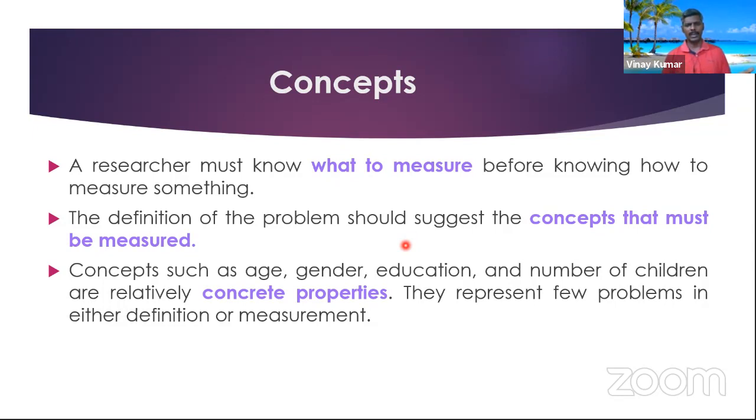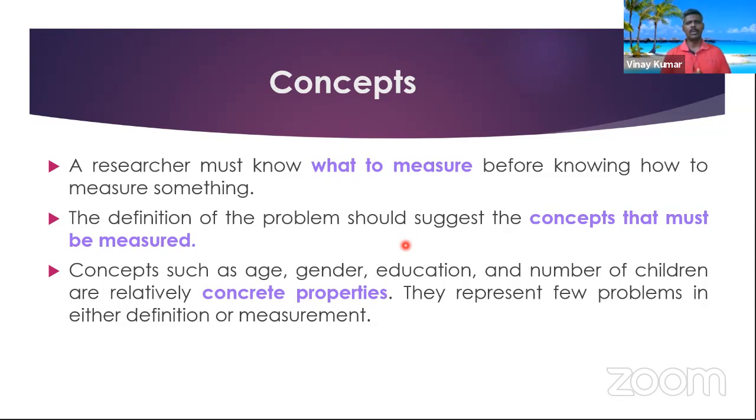For example, you can divide the slab: 10th grade, above 10th grade, then you have graduation, you have post graduation. So you can easily categorize here, and then you can easily assign the numbers or letters to measure this concept, or even the number of children also.